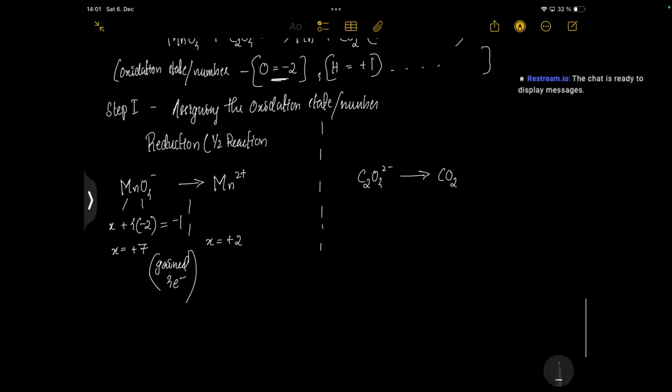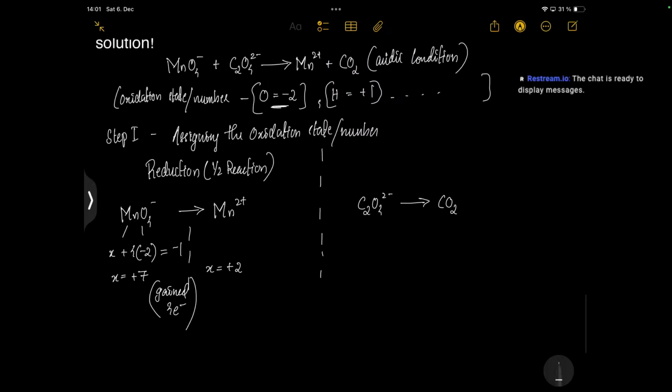So if it gained electrons, that means it's the reduction half reaction. That's also step 2. If the compound or atom gained electrons, then it's the reduction half reaction. Let's look at the carbon. It's 2x because we have 2 carbon, plus 4 times -2, which equals -2. After solving, the carbon is +3. Here it's x plus 2 times -2, with no charge up here, so it's 0, and x equals +4.